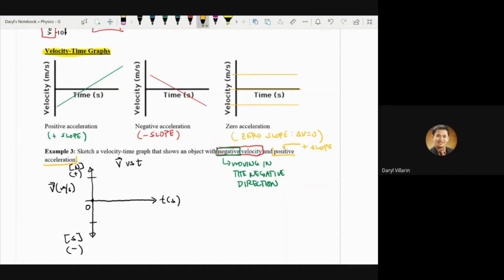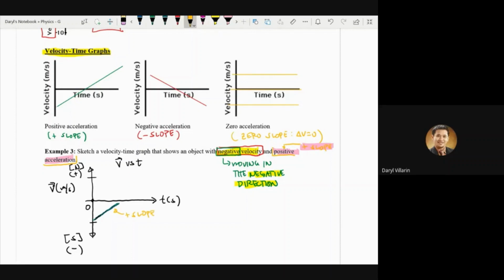So negative velocity pertains to negative direction, and positive acceleration pertains to a positive slope in our velocity time graph. So if I'm going to create such a graph, it should be somewhere here. Because if you can see, that's a positive slope. This one here has a positive slope.